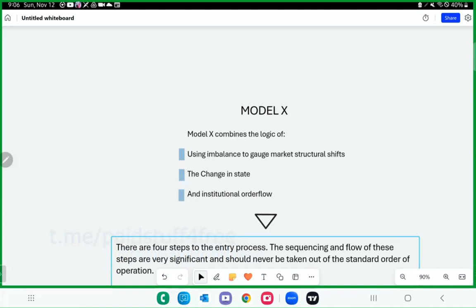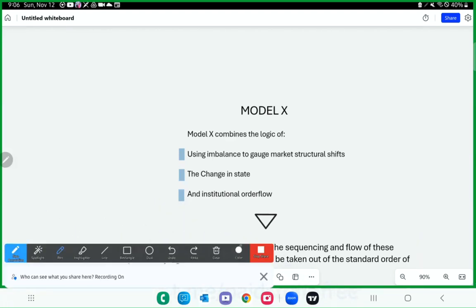But what you guys will see is that everything we've covered up until this point is literally repackaged into a very, very fractal state. Even with the entry model, it's using all the same things we've already spoken about, packaging it so you can see it even on the smallest scale.